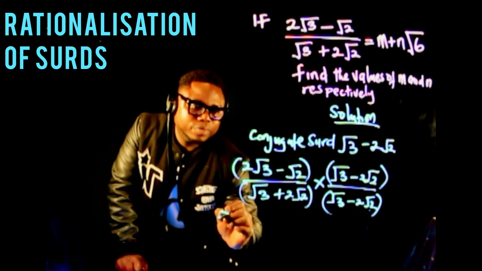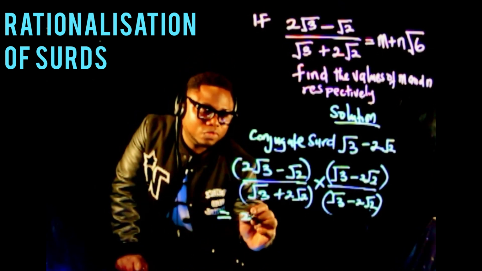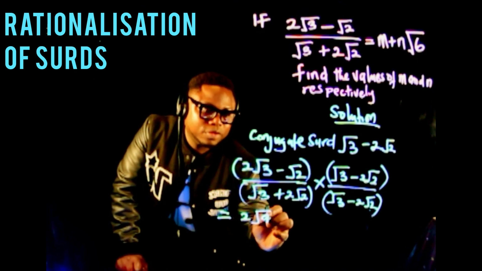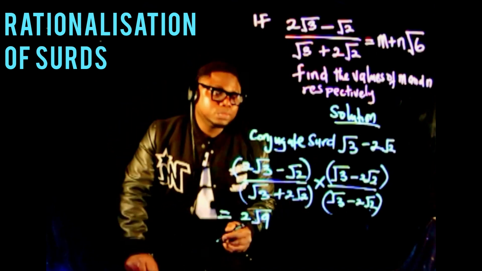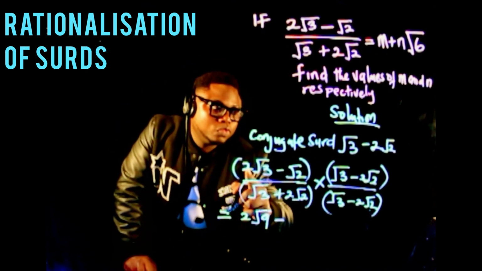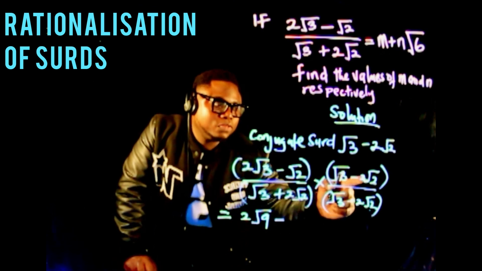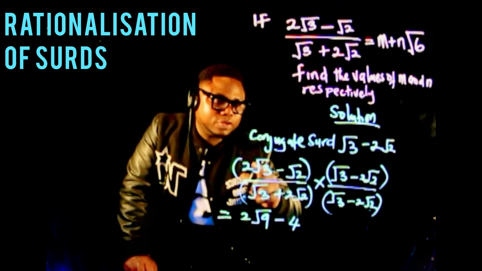So it's going to give me 2 root 3 times root 3. That's going to give me 2 root 9, because 3 times 3 is 9. Remember, you multiply surd by surd. Minus, that's minus 2 root 3 times 2 root 2. That's going to give me 4, because numbers multiply numbers, 2 times 2 is 4.